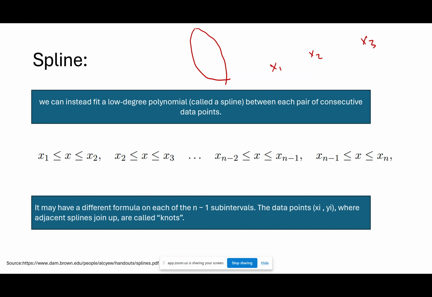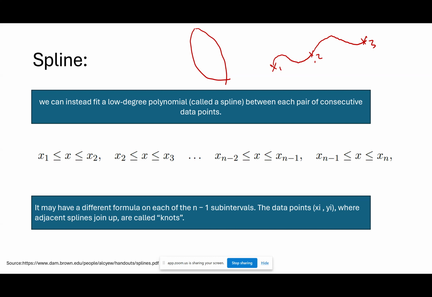Instead of fitting an nth order polynomial, consider only these 2 points and fit a third-order, or cubic, polynomial, something like this. Is it possible that the adjacent joint point becomes non-smooth or non-differentiable? Yes, that comes next.